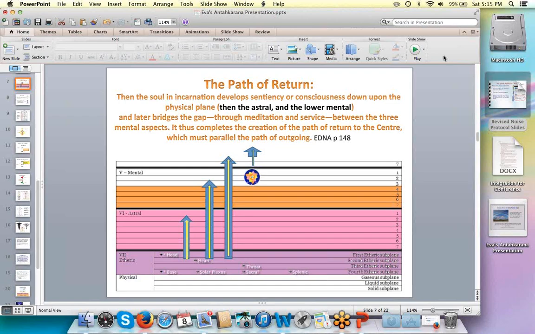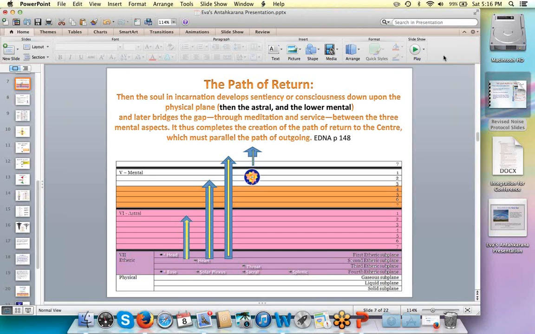the monadic ray, it gets a little complicated here because we are learning that there is a minor ray and there's a major ray, and I'm not sure that at this point we can even know which is the minor and which is the major. It takes an awful lot of meditation and being able to access those realms.